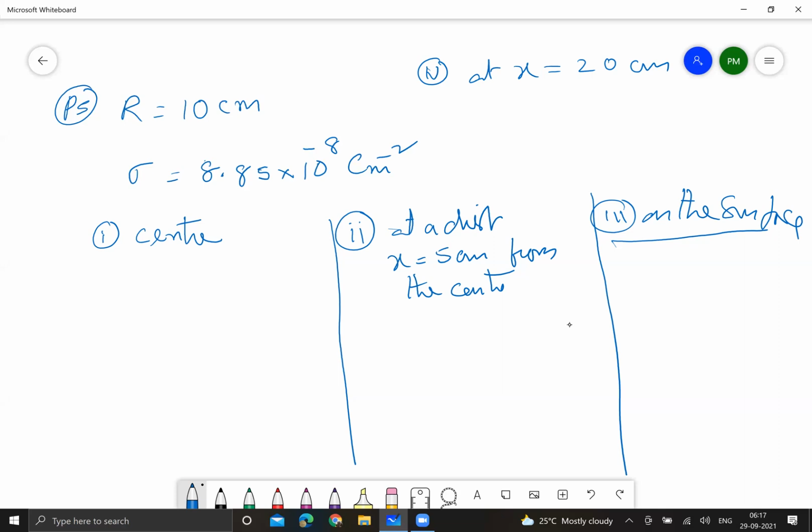So let us assume that first it is conducting sphere. Then V naught is 9 into 10 to the power of 9 into Q by R. So this is E into R, means sigma R by epsilon 0, is equal to sigma R by epsilon 0.